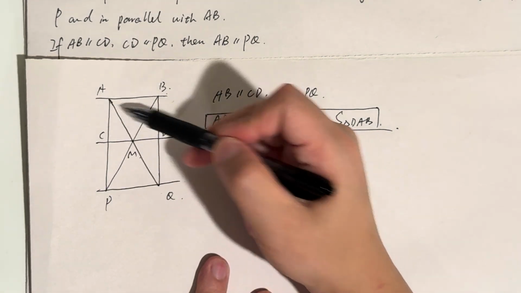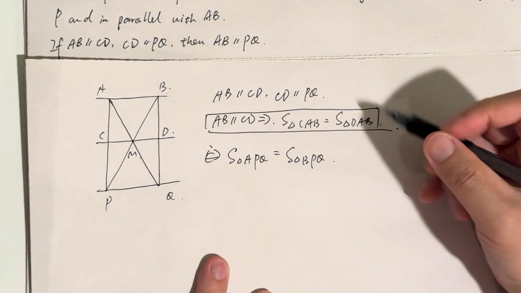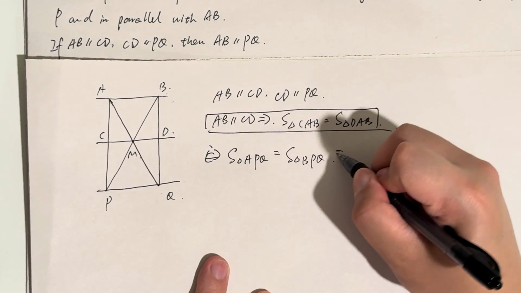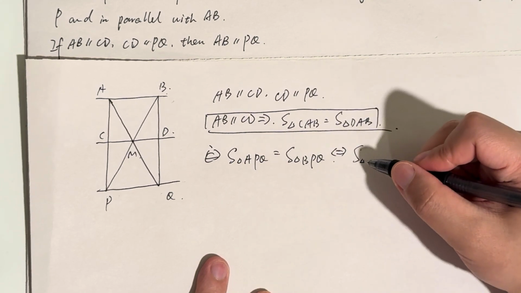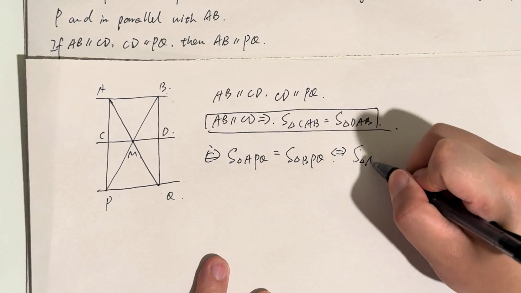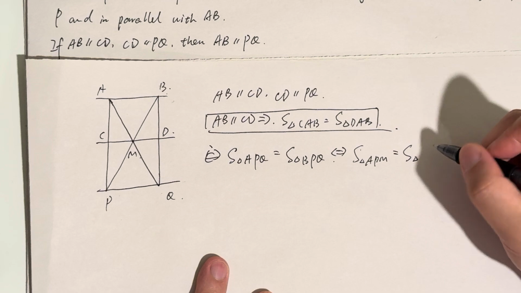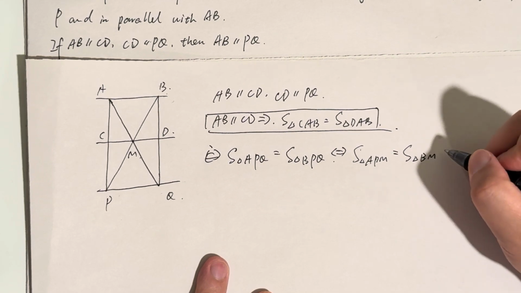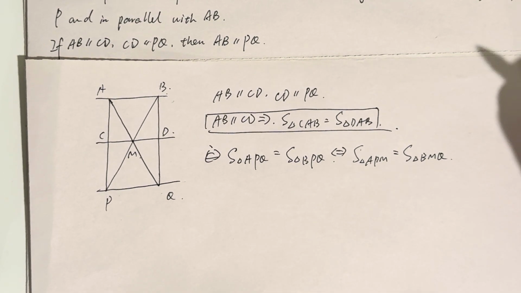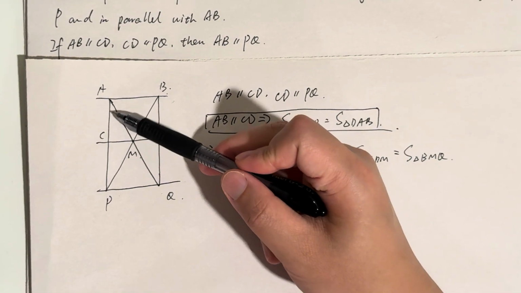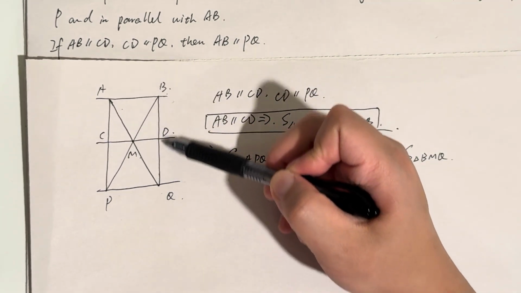And for these two triangles, we already know that they have the common area of triangle MPQ, which means we want to find the proof that the area of triangle APM equals the area of triangle BMQ.